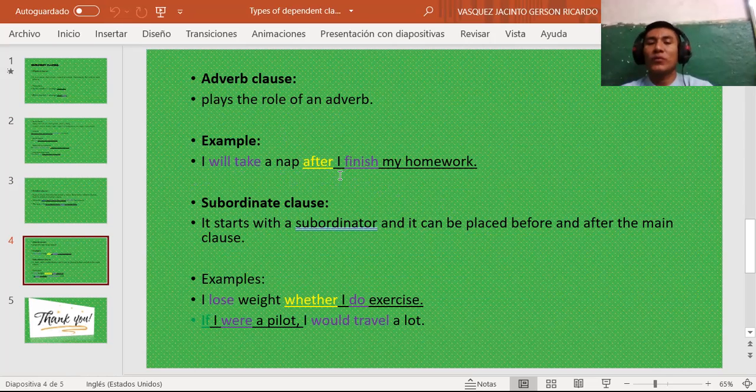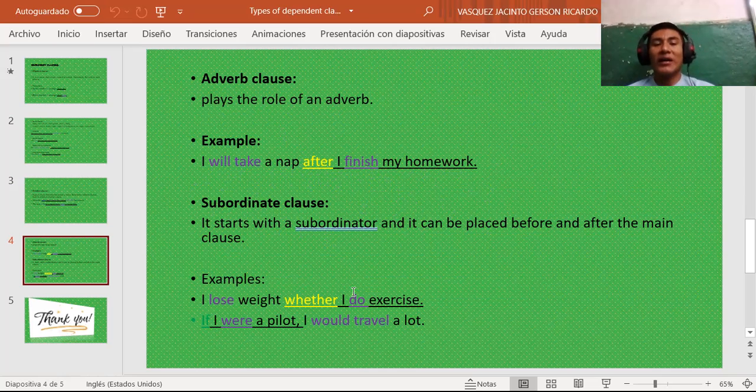But remember, if you are going to use the dependent clause before the independent sentence, you need to use a comma. In this case, a comma is not a must.